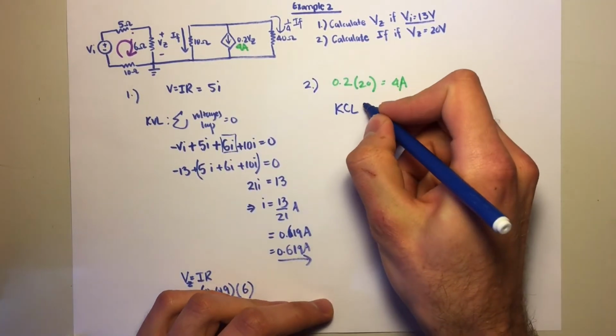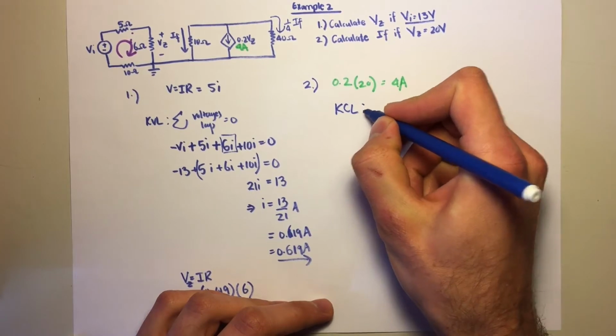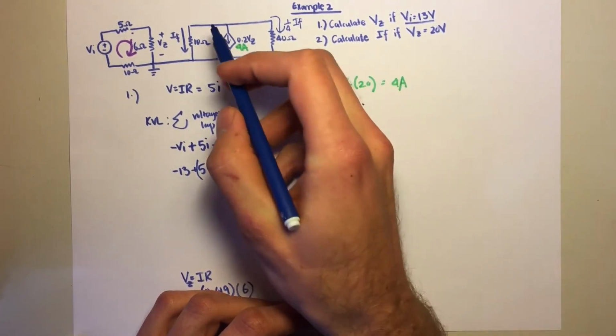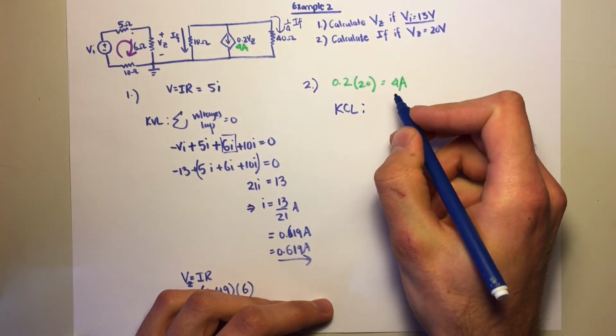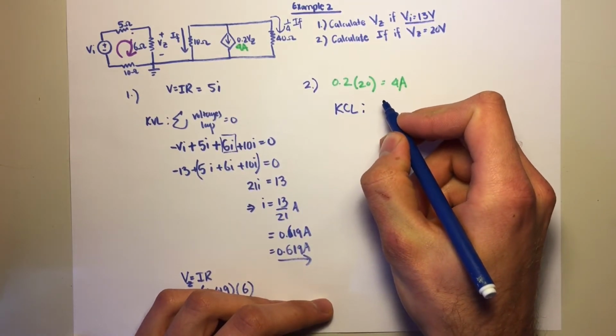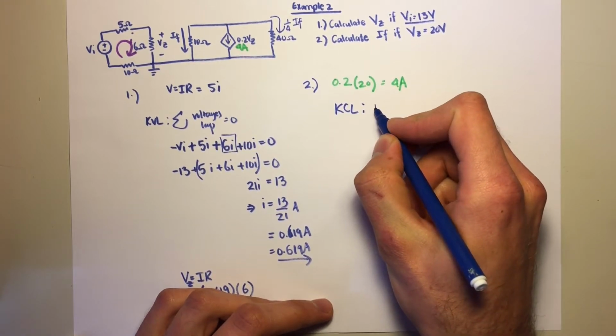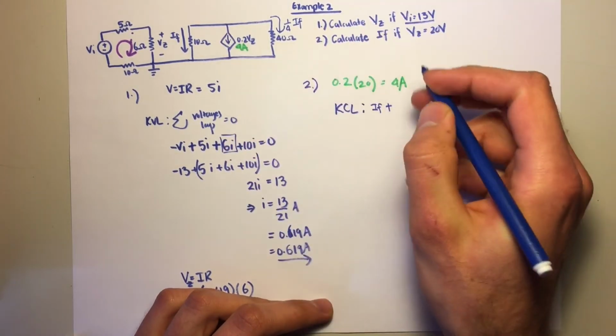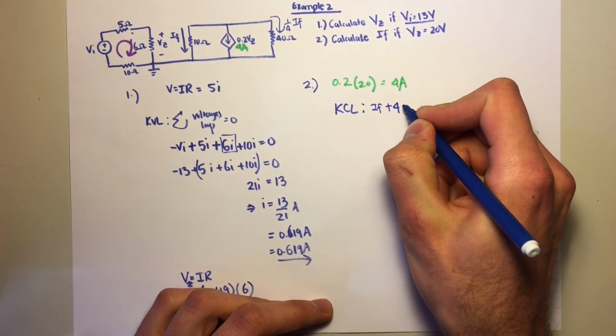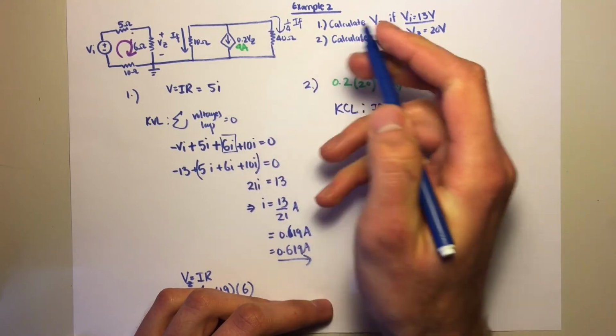Now we can apply KCL because all our currents are defined. I'm going to take what goes out to be positive and what goes into the node as negative. As long as it all sums to 0, it does not matter. So IF plus 4 amperes plus a quarter IF.